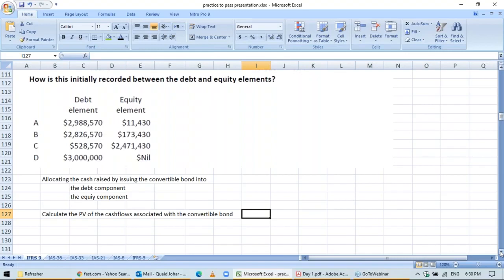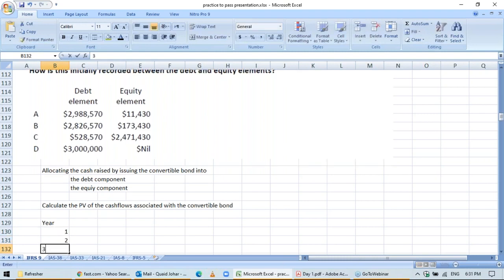So we will just assume that the bond will be redeemed in cash. If the bond is redeemed in cash, it is a 3-year bond, so the cash flows will occur for 3 years.